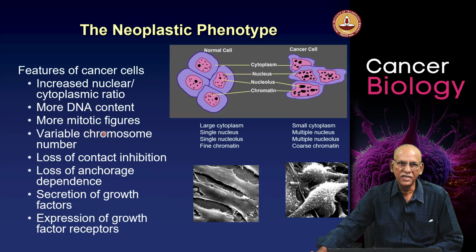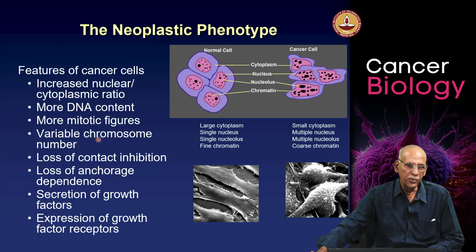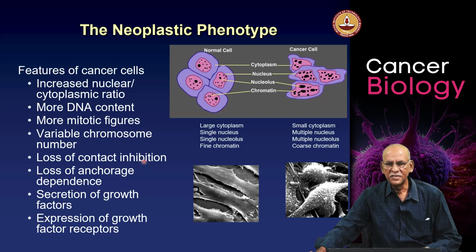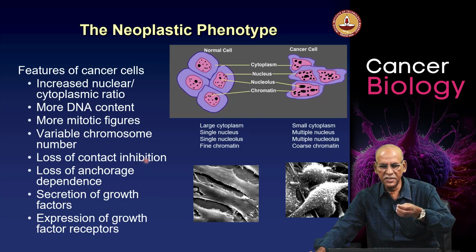As I told you, cancer cells have a lot of mutations, they have genomic instability, and they are characterized by genomic abnormalities and instabilities.